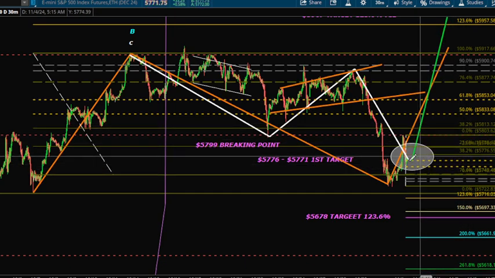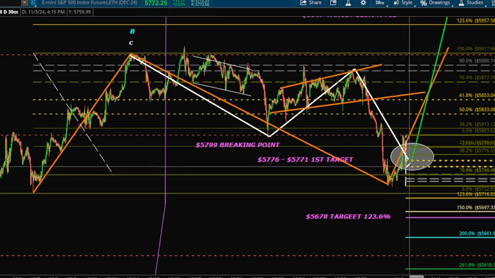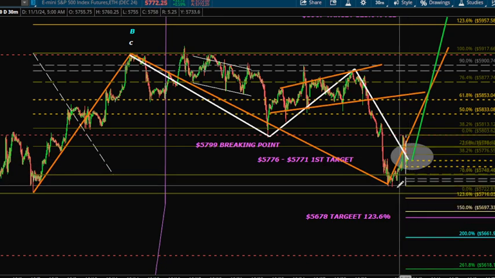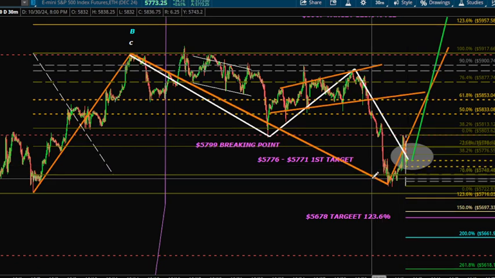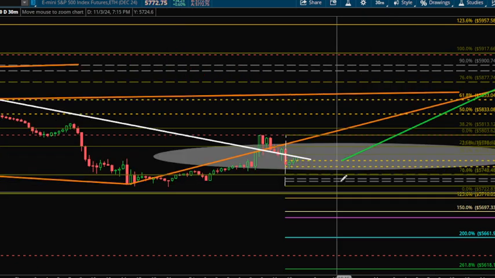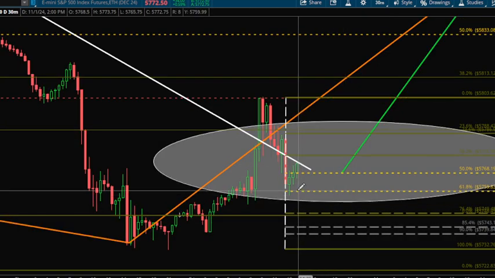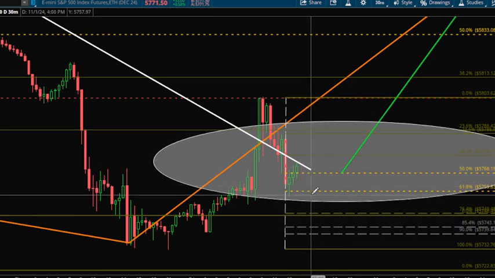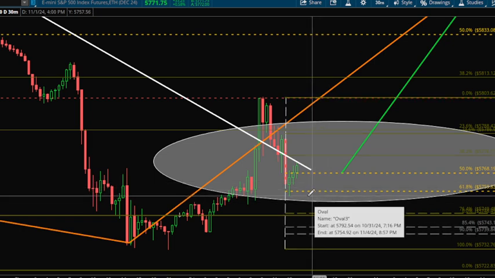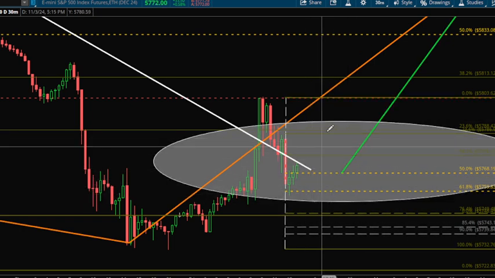But I'd play this long and I'd have a stop loss. So maybe wait for a little pullback, get in long, and then just have your stop loss right here. And then if you get stopped out, that's it for the day. You just have an hour left.